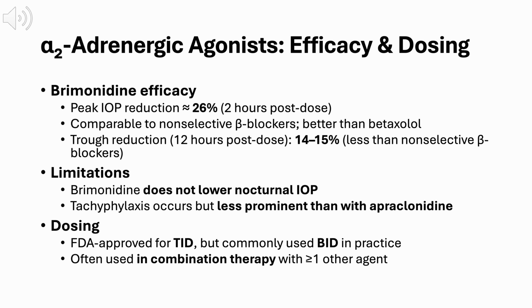There are a few key limitations. Brimonidine does not lower nocturnal intraocular pressure, and while tachyphylaxis can occur, it tends to be less prominent than with apraclonidine. In terms of dosing, it's FDA approved for use 3 times daily, though in practice it's more commonly used twice daily. It's often prescribed in combination therapy with at least one other agent.